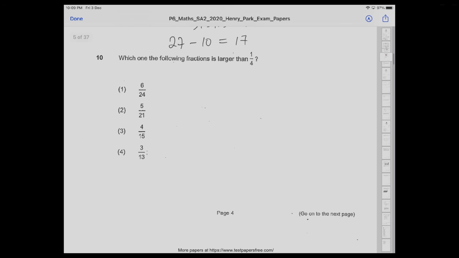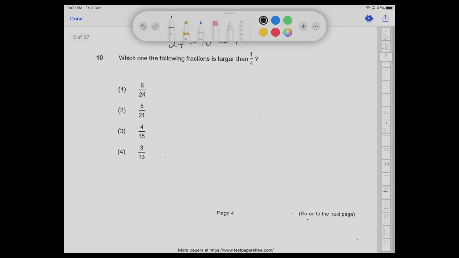Let's see question 10. Which of the following fractions is larger than 1/4? Yeah, 1/4. So what is the real strategy for this? We see that, okay, we can do some elimination first, right? We see that the denominator here is 24, so we can just times 6 to get 24. 6 out of 24.